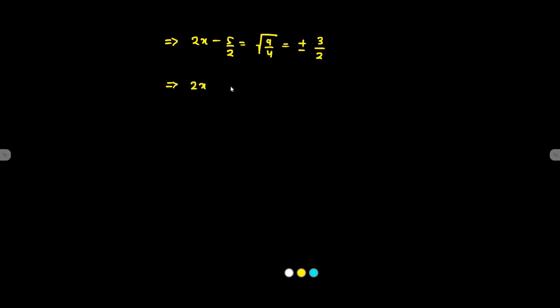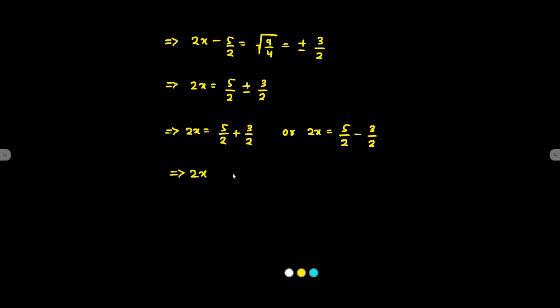That implies 2x is equal to 5/2 plus or minus 3/2. So 2x is equal to 5/2 + 3/2, or 2x is equal to 5/2 − 3/2. That implies 2x is equal to 8/2, which is equal to 4.